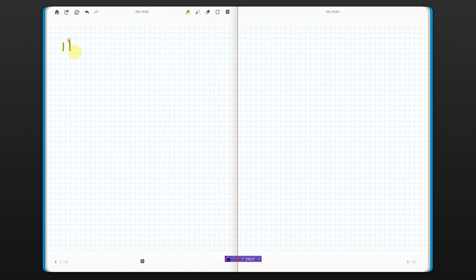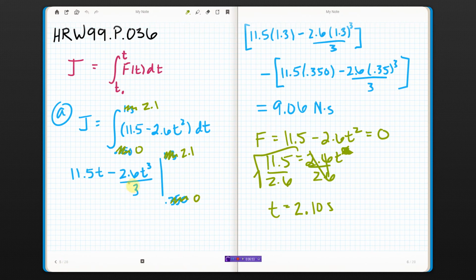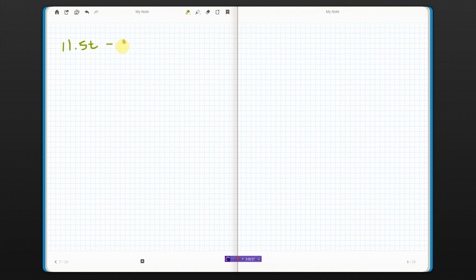So I'm trying to do 11.5 t minus 2.6 t cubed over 3, and I want to go from 0 to 2.10.